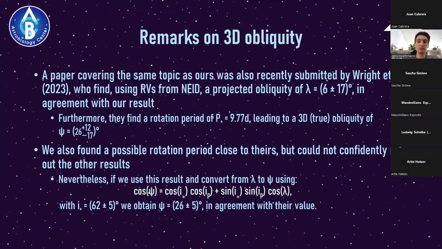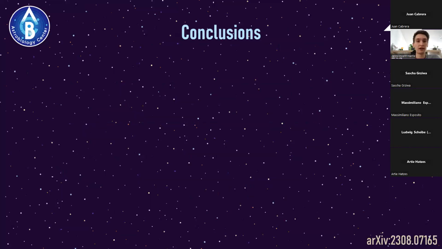The improvement on the error bar is largely driven by our more precise measurement of the v sin i, so the stellar rotational velocity, due to the fact that the HARPS and HARPS-North radial velocities are more precise, and also that we have a lot more radial velocities than they had available in their analysis.